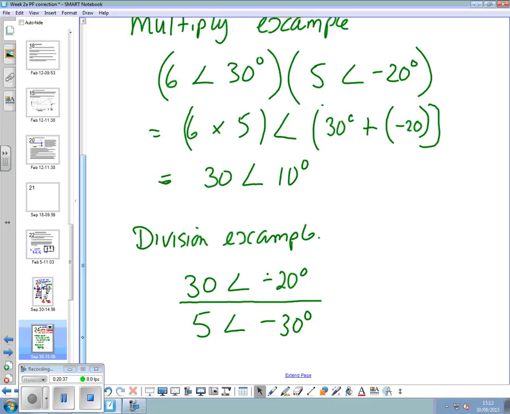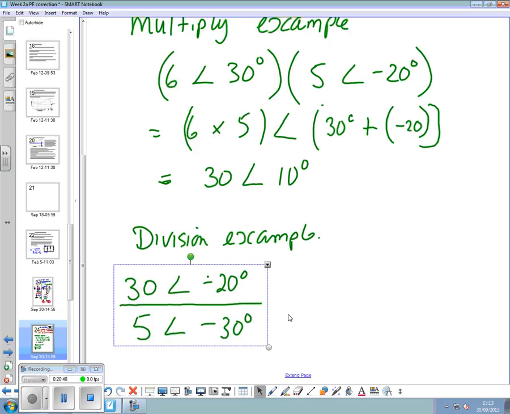What do you reckon we do there? Yep. So you divide the magnitudes. You do 30 divided by 5.